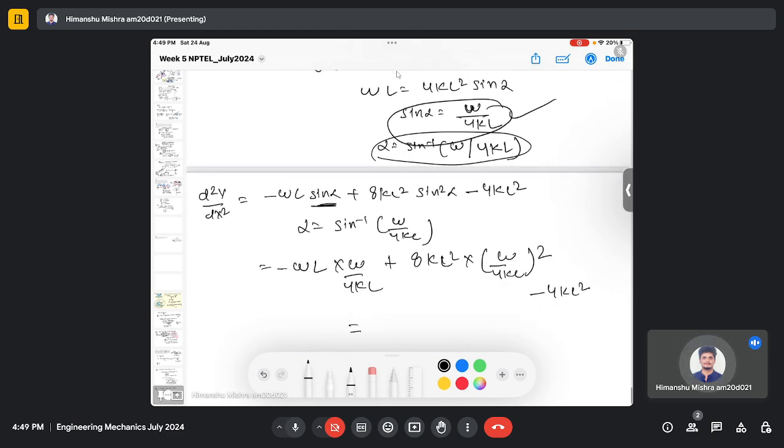And if you solve this, we will get W square by 4K minus 4KL square.